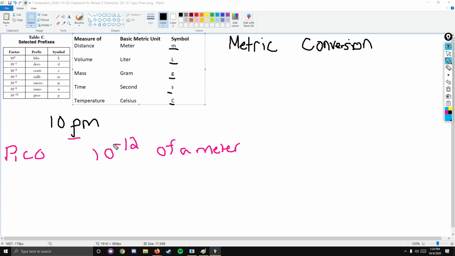And then this M stands for meter. So we have 10 picometers.